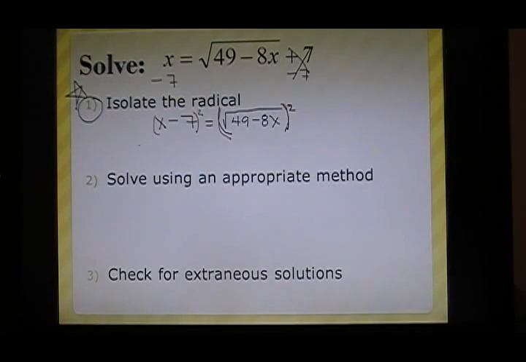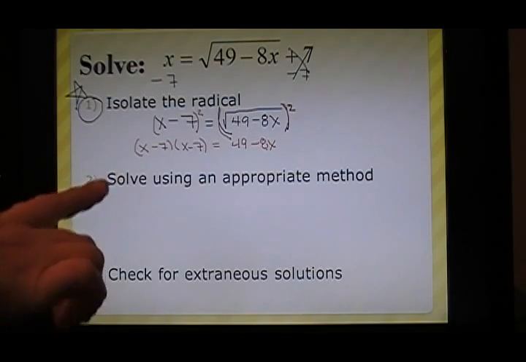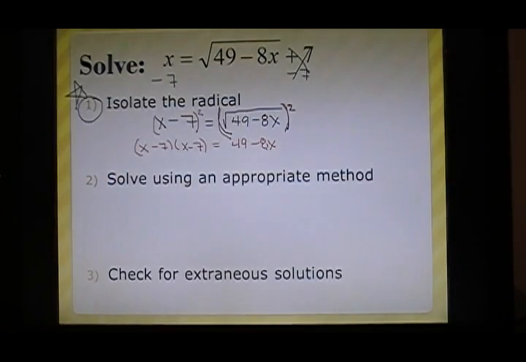I'm squaring that binomial. So I have x minus 7 times x minus 7 equals 49 minus 8x. Okay? So now I have this equation that I need to solve. I have this root-free equation, and we need to solve using the appropriate method.